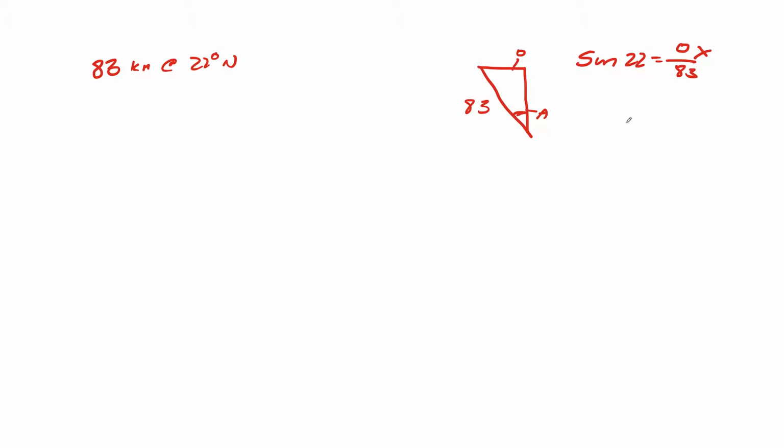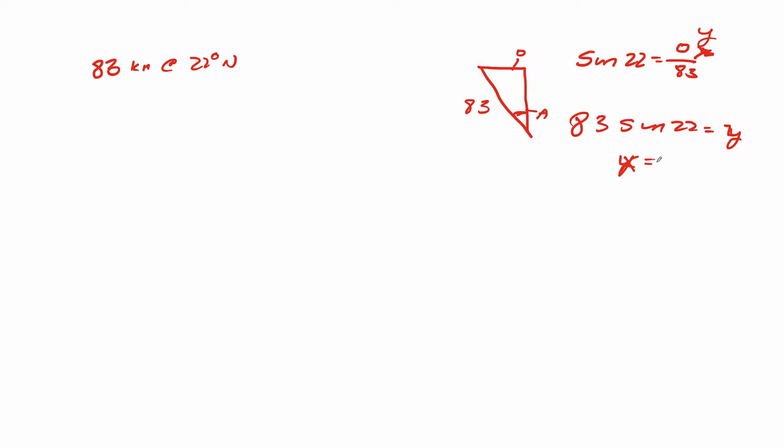So hypotenuse times sine of 22 degrees is going to give me my opposite. Actually, excuse me, make sure I get that right. It is the opposite, and it's the x value, not the y. So get your calculator out. 83 times the sine of 22. Excuse me, that is x; y is up.